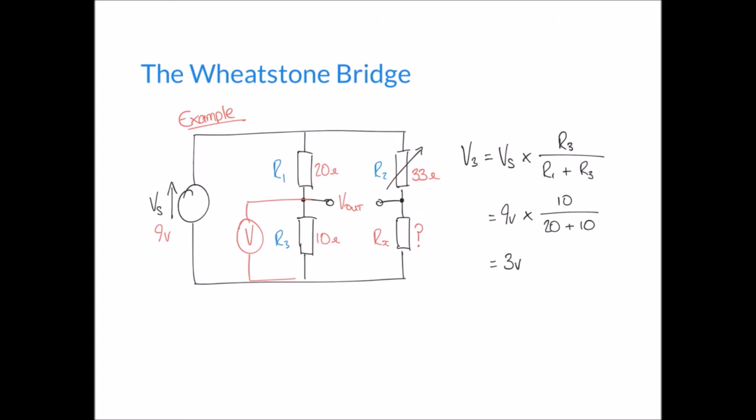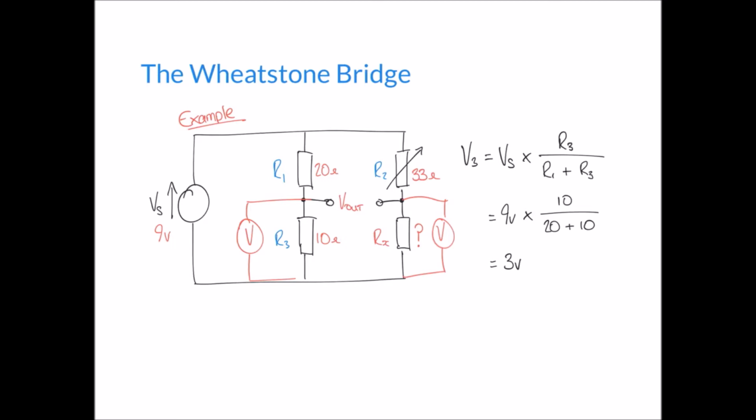Well, in order to determine Rx, we first need to do the right-hand side potential divider. Much like we did on the left-hand side, we want to find the voltage at this point here, and we want to know that it's the same as the voltage on the left-hand side. How would we express that as a formula? Just like last time, we're measuring a voltage from the midpoint with respect to 0, so we're essentially measuring across Rx in our potential divider.